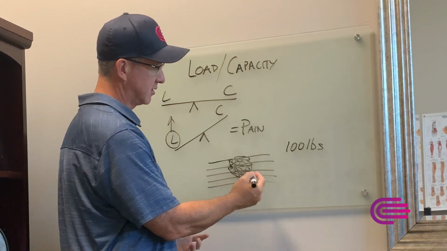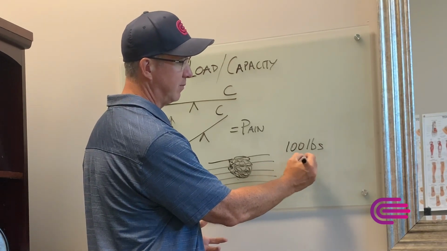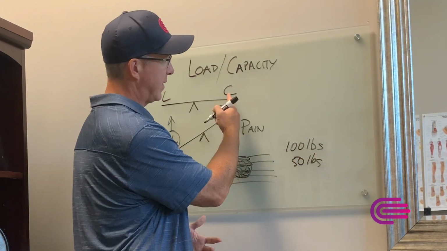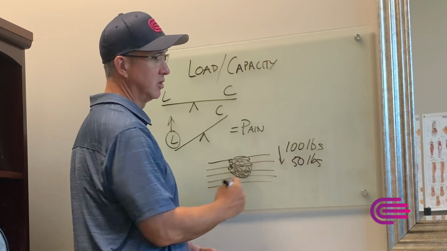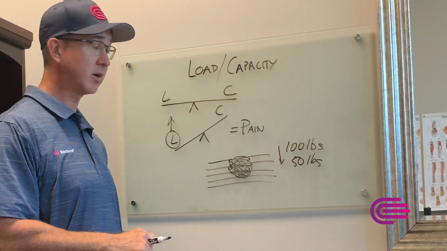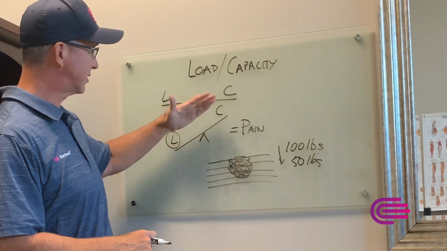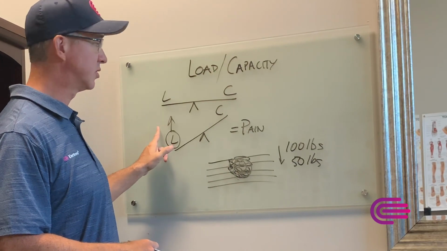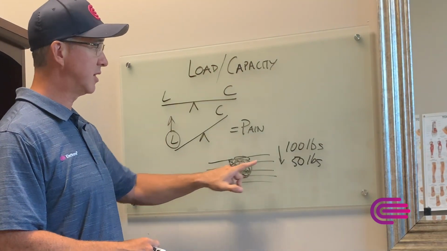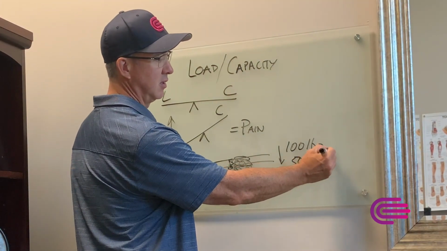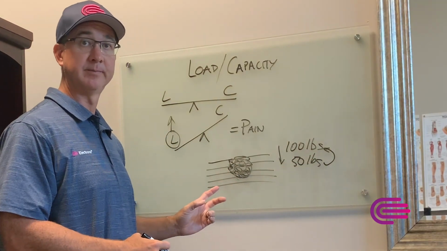Let's say in this scenario, it can only generate 50 pounds of force. So your capacity drops from 100 to 50. What we have to do in this equation is unload the tissues and then treat the tissues and try to get this back to normal.